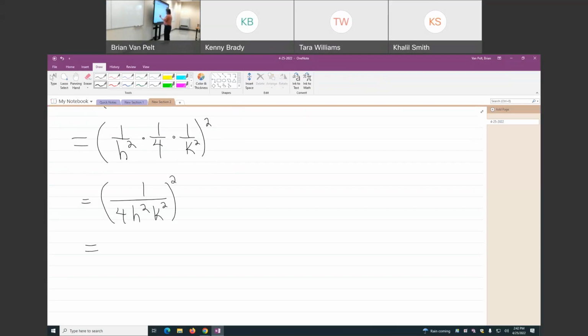The second power. The 1 squared is just 1. Put it on 16.